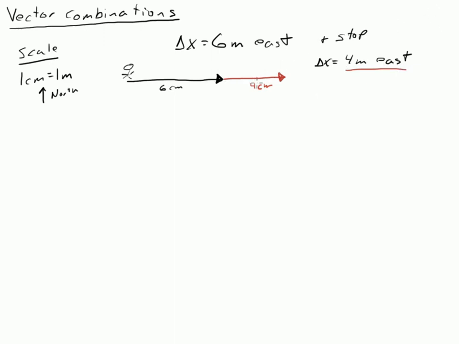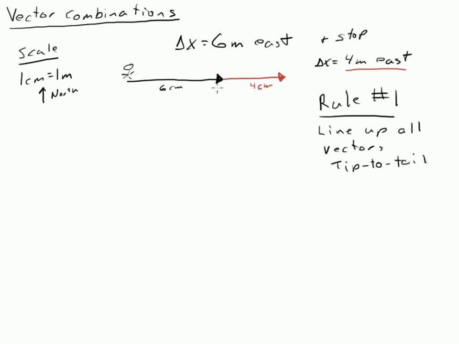So this now at this point leads us to our first rule of vector combination. So rule number 1. Line up all vectors tip to tail.